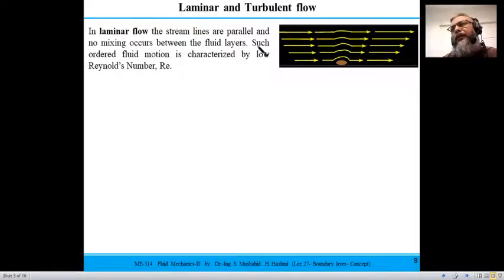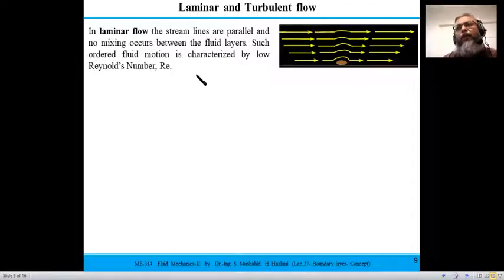Lamina means small layers, when the fluid is flowing in layers, and these two layers never cross each other, so they are always moving parallel to each other. Such an ordered fluid motion is called laminar flow.